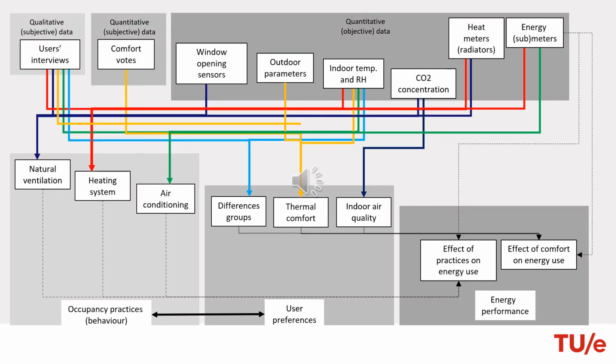The building was monitored for a whole year, and with the data that we collected from the building and from the people living and working in it, we were able to determine the occupancy practices followed in the building, mostly by the staff, the user preferences of the residents in terms of thermal comfort and air quality, the differences between people, and how these were affecting the energy performance.